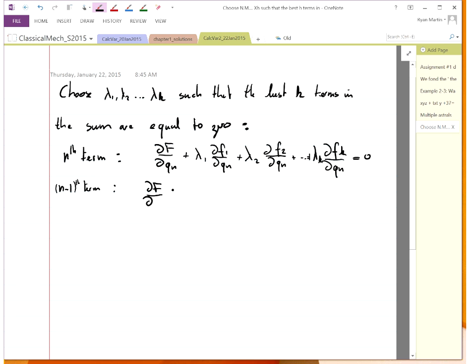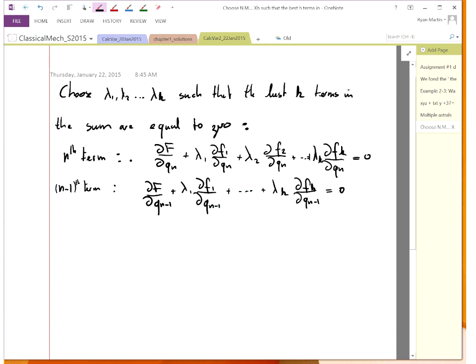That's going to look very much the same: ∂F/∂q(n−1) plus lambda 1 ∂f1/∂q(n−1) plus etc. lambda k ∂fk/∂q(n−1) equal to 0.